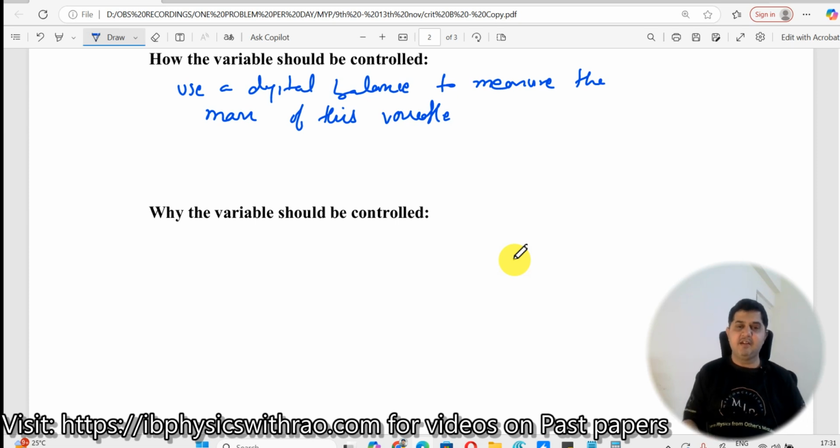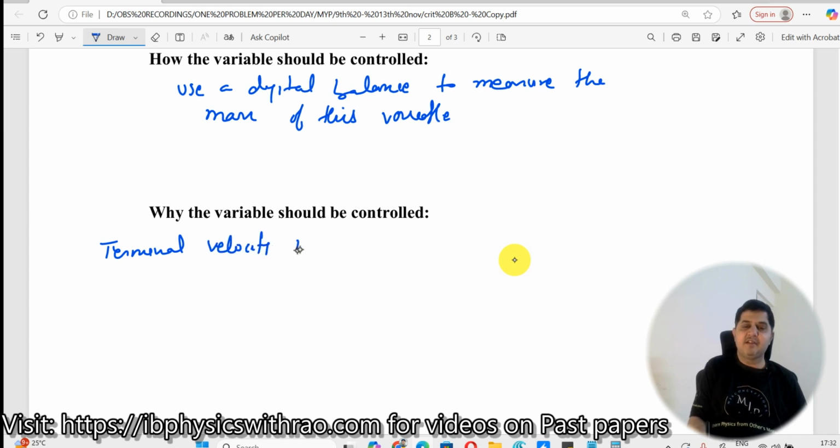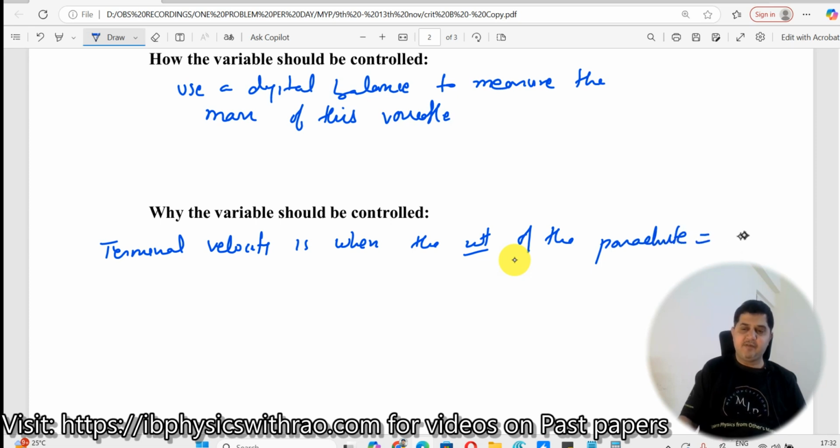So what will happen? Why do we get terminal velocity? Terminal velocity is when the weight of the parachute is equal to the upward drag force.